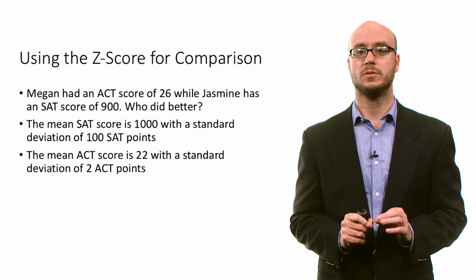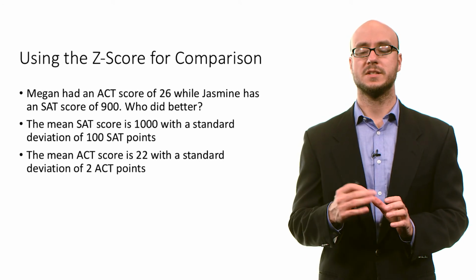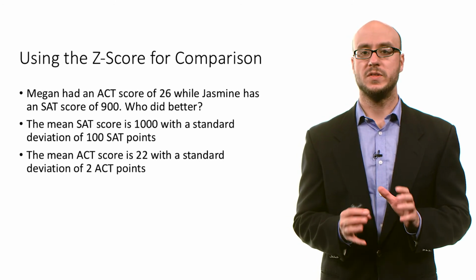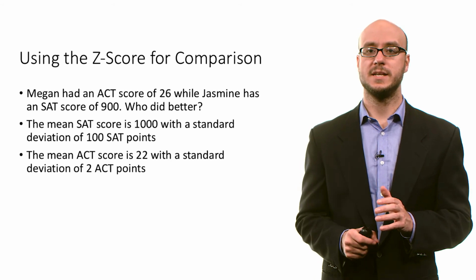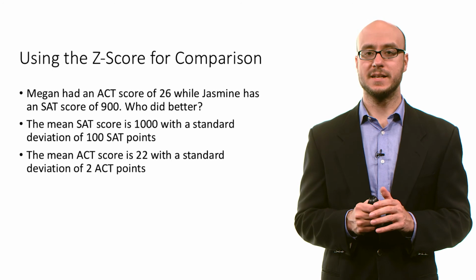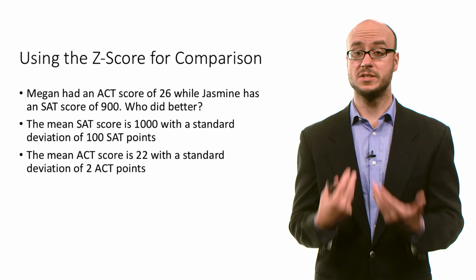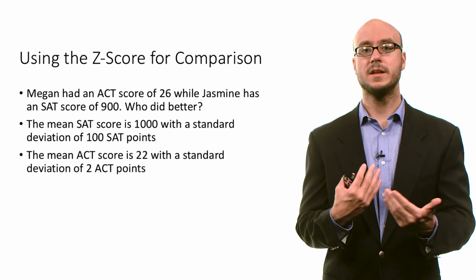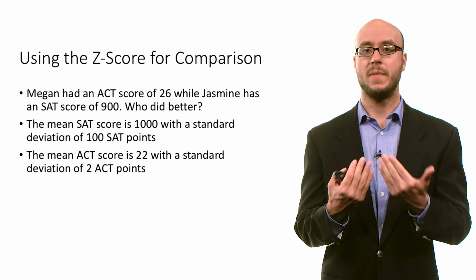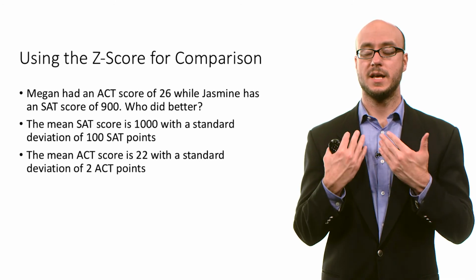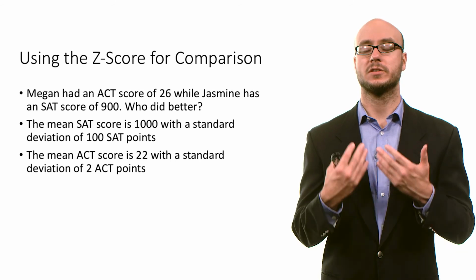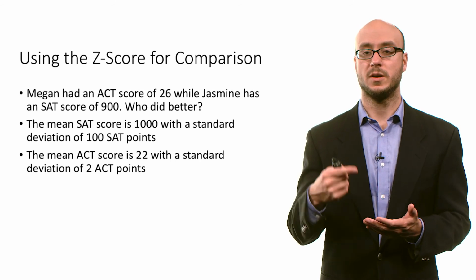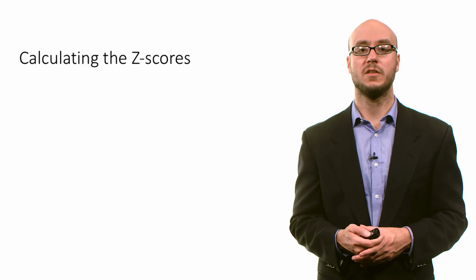Since we know the mean and standard deviation for both variables, we can transform Megan's ACT score and Jasmine's SAT score into standard or z-scores. Then we can compare Megan and Jasmine on a similar metric, with a mean of 0 and a standard deviation of 1.